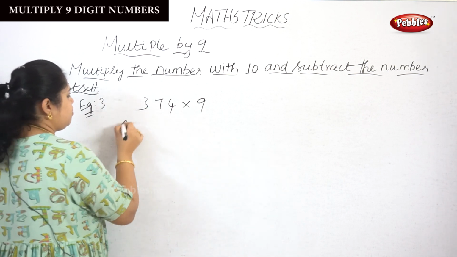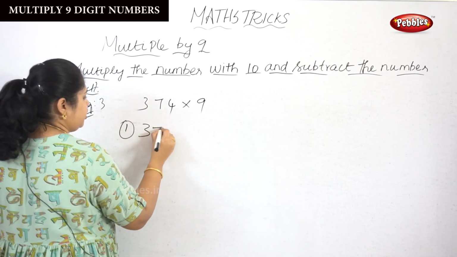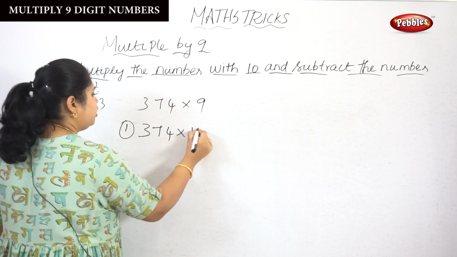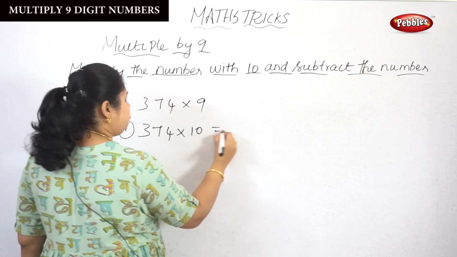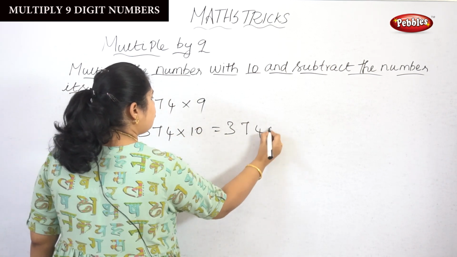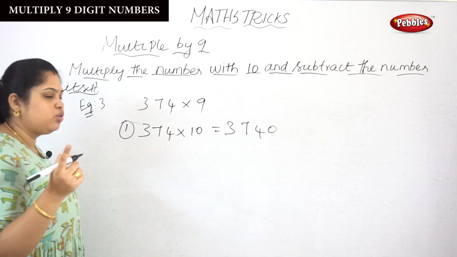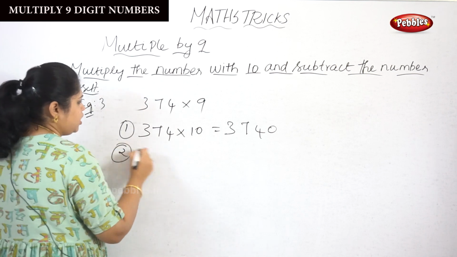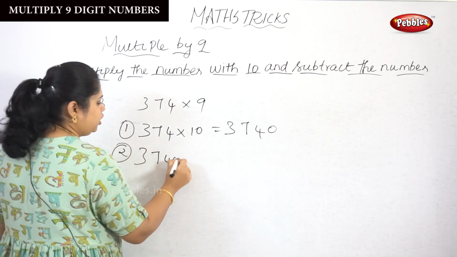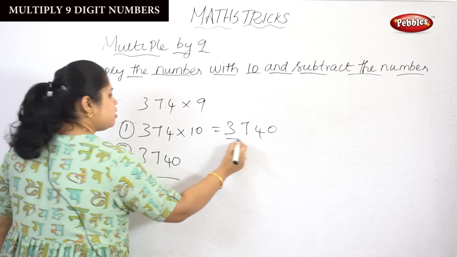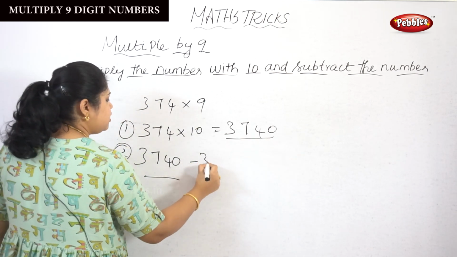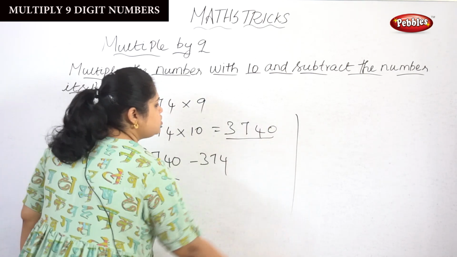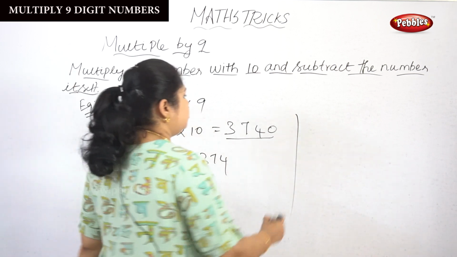What is the first step? 374 into 10, so the answer will be 3740. We add only one 0 to the end. What is the second step? 3740, which I got from here, minus 374. Let's check out the final answer.